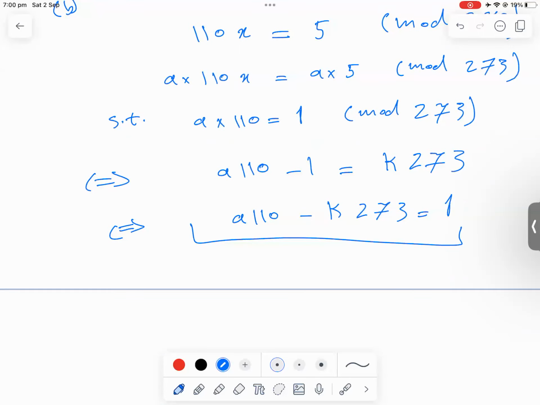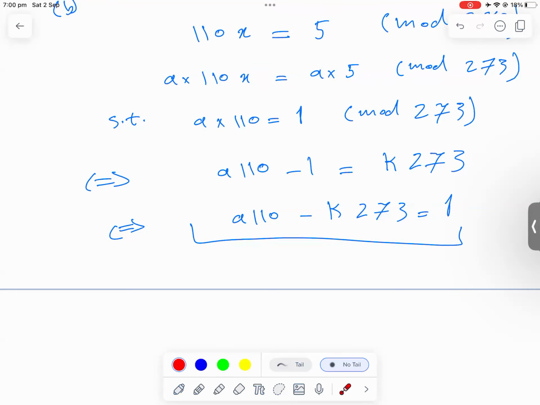But we see that another definition of the GCD is that we are able to write the GCD of 110 and 273 as a linear combination with coefficients a and k from the integers. So GCD is 1, so it is the same as that linear combination that I mentioned.